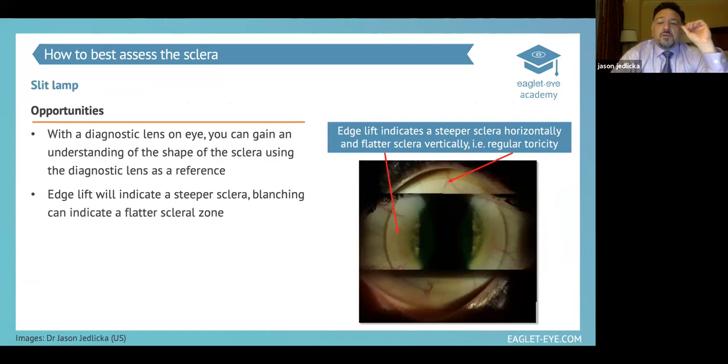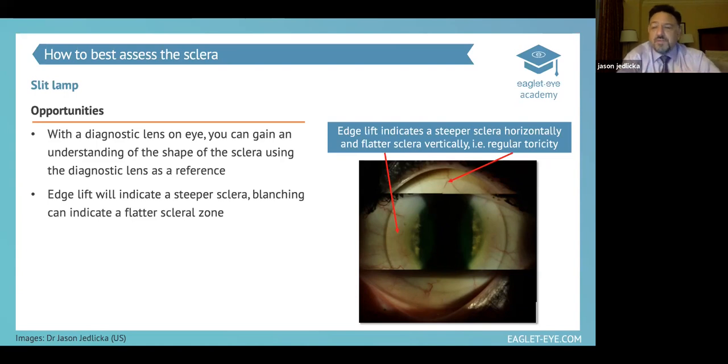Again, putting a diagnostic lens on an eye and just looking at how it fits, as you see in the picture here, where maybe in the vertical meridian we've got a fairly decent alignment, but in the horizontal meridian we have a significant amount of edge standoff, it's pretty easy to interpret from this fitting relationship of our lens to eye that this individual has an against-the-rule scleral shape.